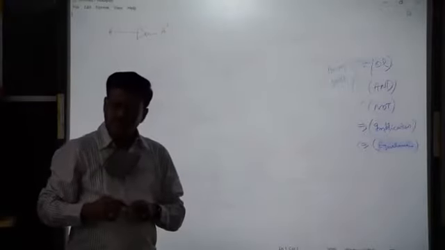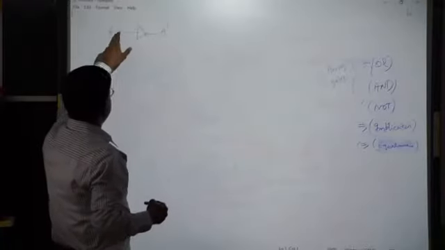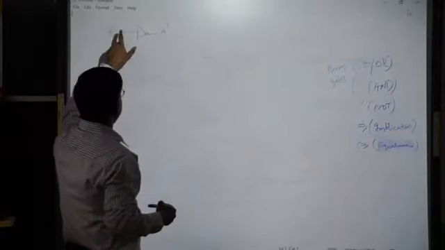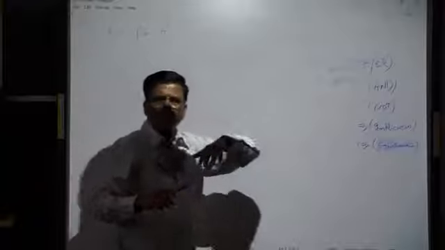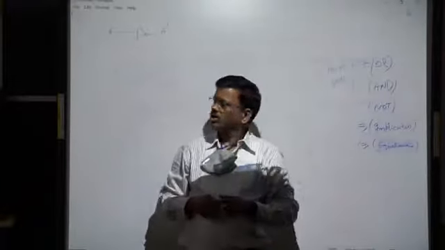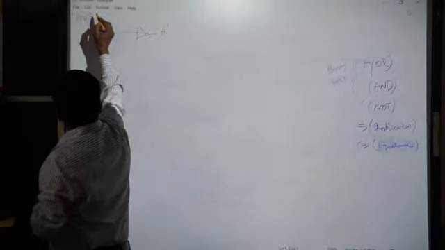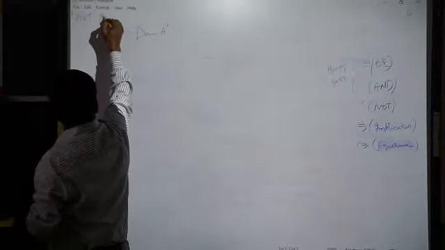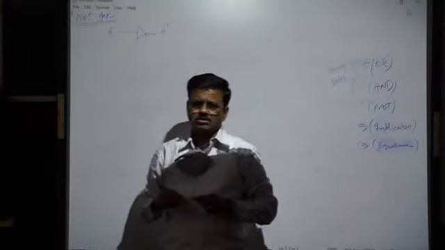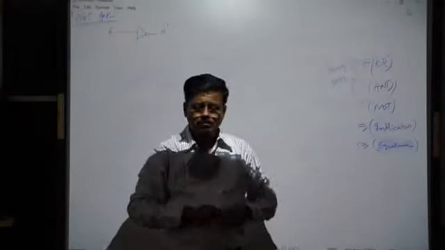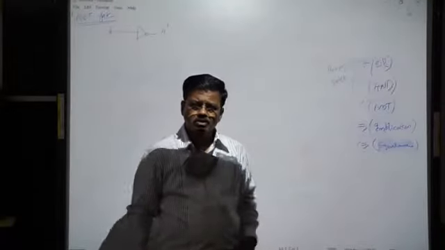I repeat again. When you give 0, it becomes 1. When you give 1, it becomes 0. It's called negation. What gate is it called? NOT gate. It's also called an inverter or complement, negation, the matter is the same.